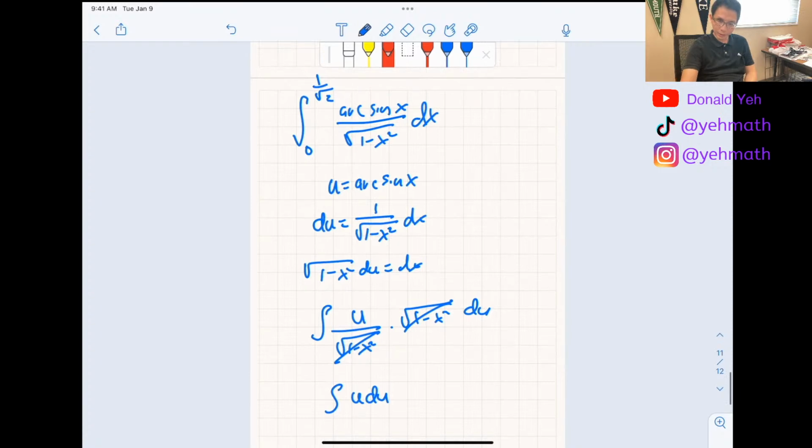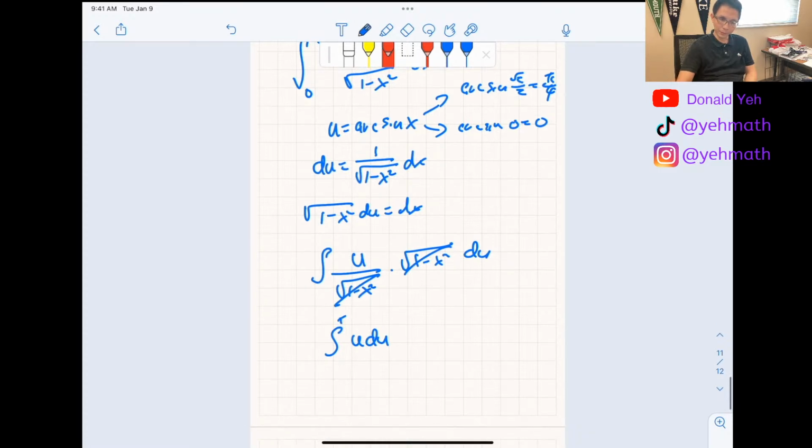And you're going to plug in 1 over square root 2. What is 1 over square root 2? If you don't see 1 over square root 2, you should see something else. Root 2 over 2. Good. So it's arcsine of root 2 over 2, which is what? Pi over 4. Good. Arcsine of 0 is 0.